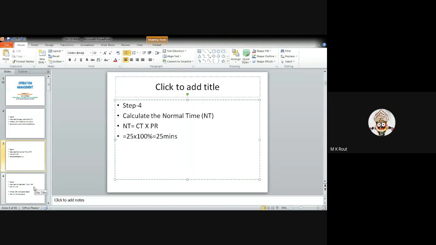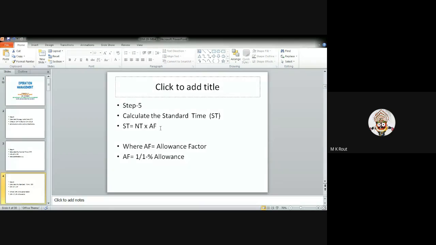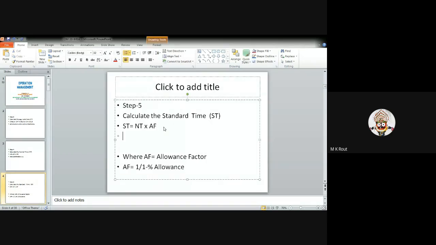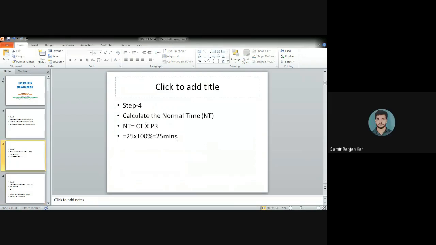Okay, moving to the next one. In case of experienced engineers, if you go for calculating the standard times, it is previously divided by 100, only 100%. Try to understand.